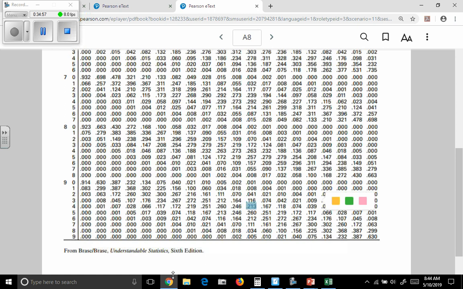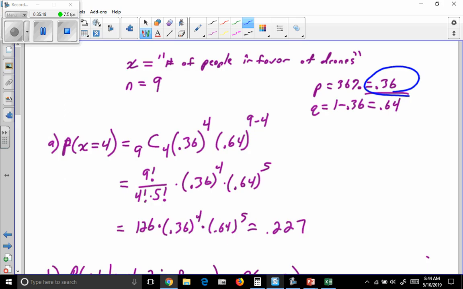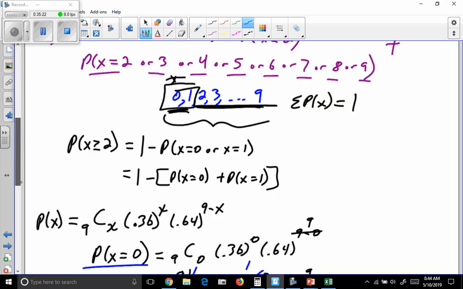So if we're doing something where the probability of success is 55%, and we're doing 9 trials, and we wanted to know what is the probability of having 4 successes, that would be the value we would use. Again, that works really well if our p-value is something that's in the table, but if it's not, then we have to calculate these manually like we just got through doing.